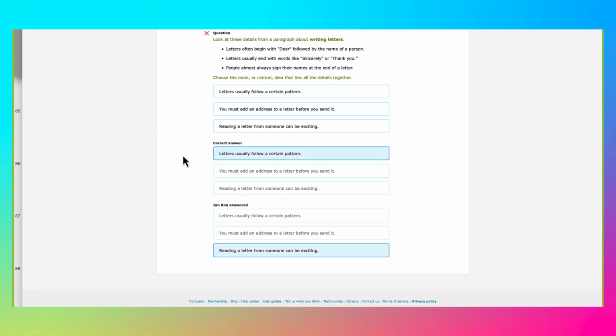The last question, look at the details from a paragraph about writing letters. Letters often begin with dear followed by the name of a person. Letters usually end with words like sincerely or thank you. People almost always sign their names at the end of a letter. So choose a main or central idea that ties all the details together.